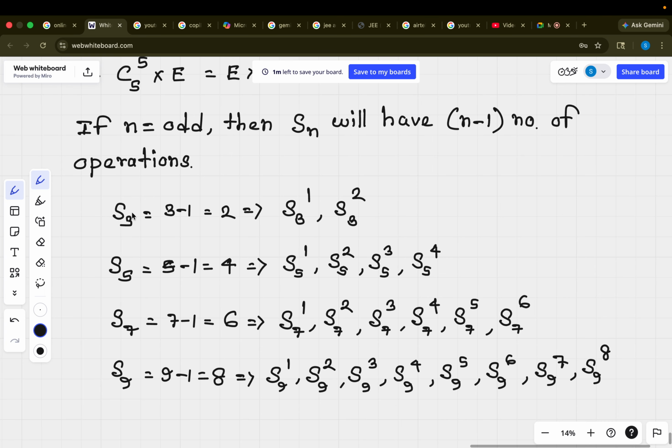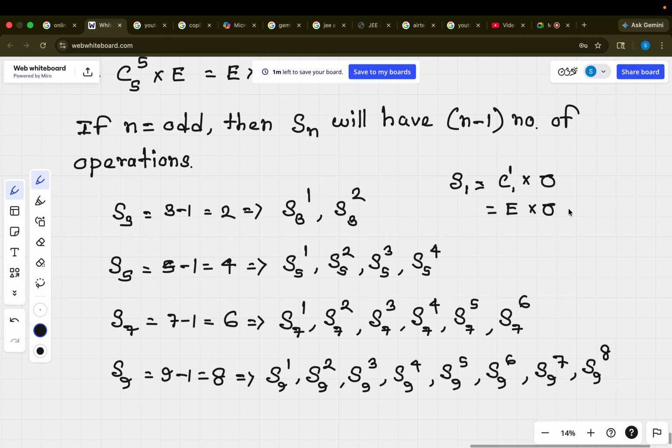Now you can have a doubt: why are you starting from S3, why not from S1? So you can try for S1. S1 is equal to C1 into sigma. Now C1 to the power 1 means the identity E, into sigma.